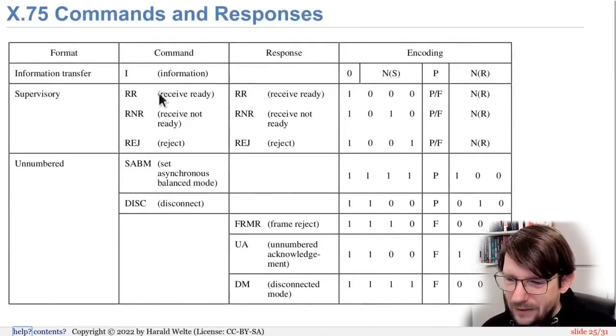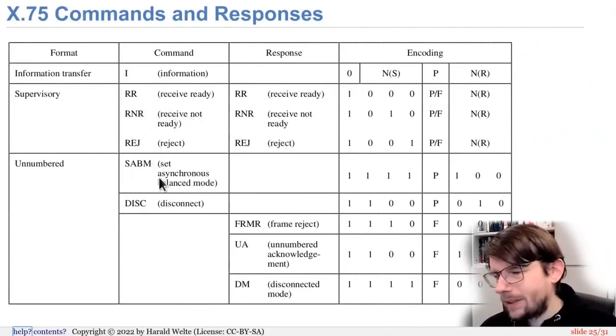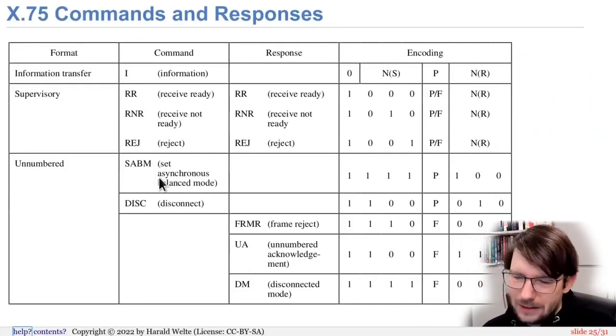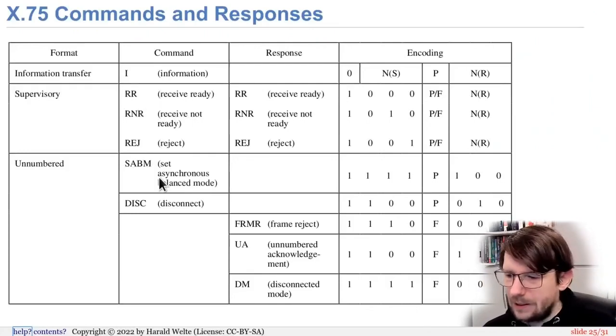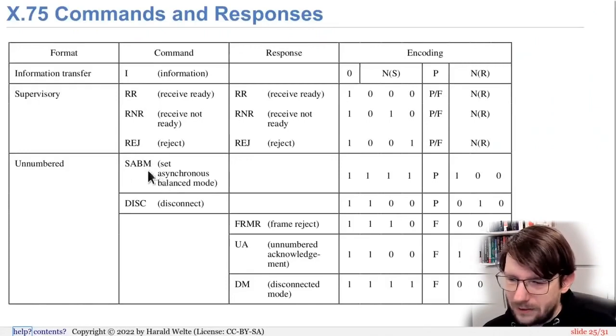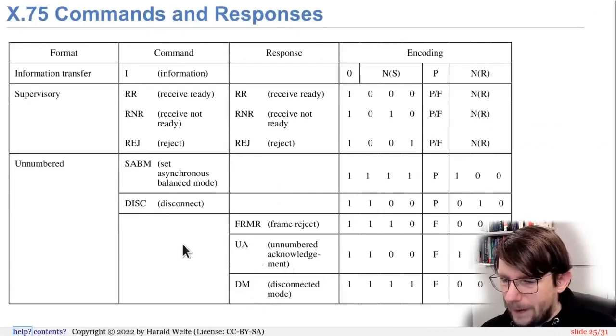And then we have other frames for indicating receiver ready and rejecting frames and so on. We have the SABM command, which is for initiating the connection. It's basically your SYN packet if you think of TCP, and the disconnect, which is your FIN packet, and some other acknowledgement frames and so on. So these are all the frames that exist in X.75.